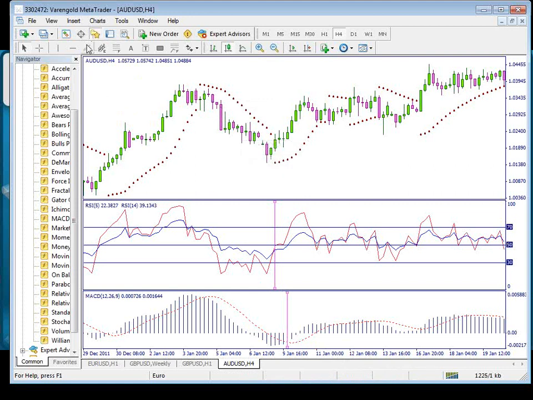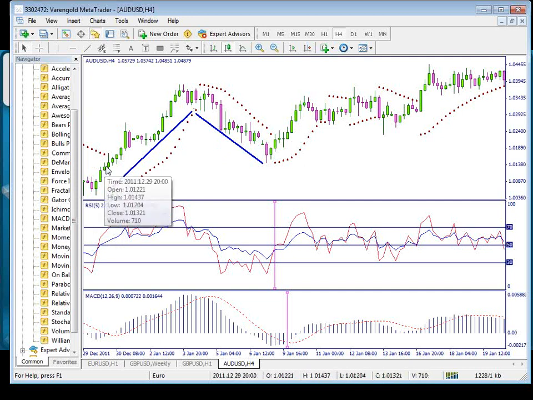I can see that in the history, when the pair goes into an uptrend or a downtrend, it uses a lot of time. We have 4, 6, 8, 10, 12, more than 20 candles here.